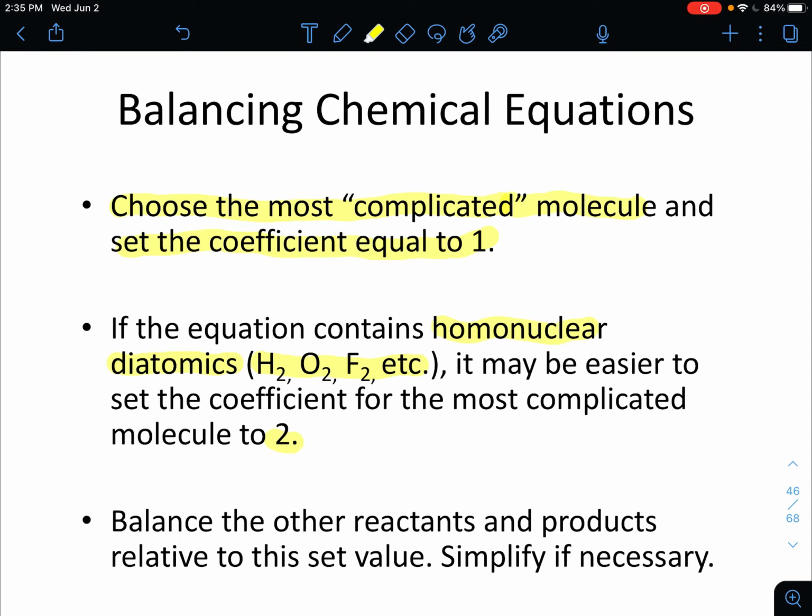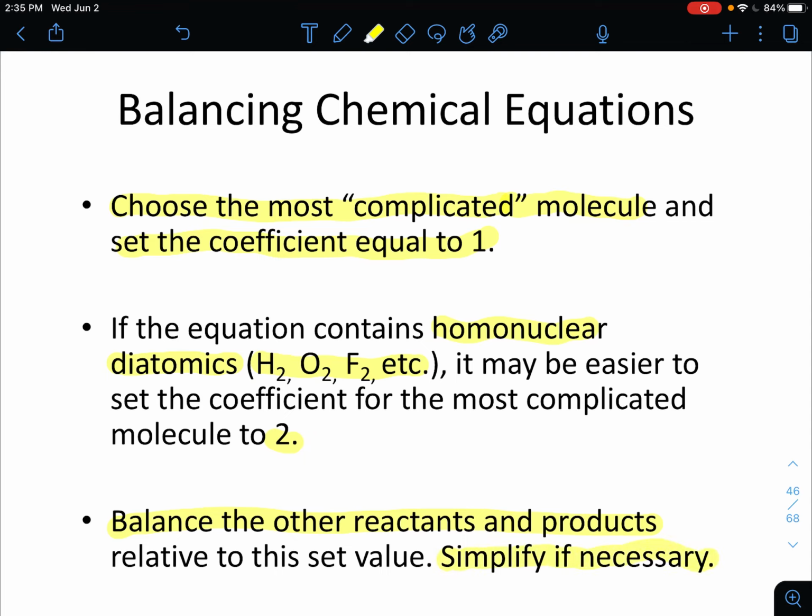Just like with empirical formula, we want to ultimately end up having only whole numbers as our coefficients for our balanced equation, so sometimes 1 won't work, and then we'll have to figure it out from there. Once you set that first value, then essentially the others are going to gradually fall into place.